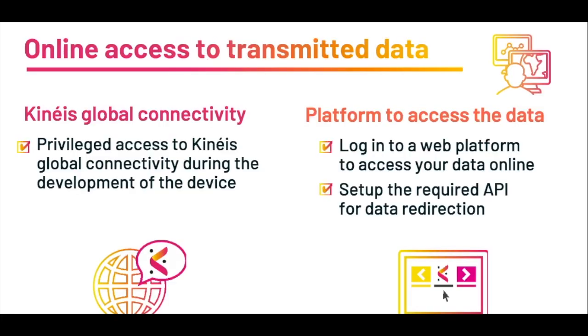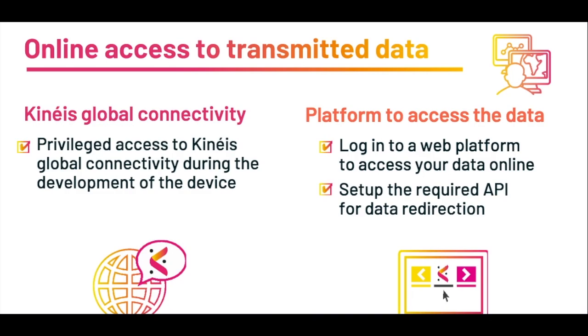So then once you have transmitted some data, you can go online, log in to the platform, and access the transmitted data. As I said, with the package, you have privileged access to Kinéis global connectivity during the development of the device. So you don't have to worry about the quantity of data that you are transmitting.